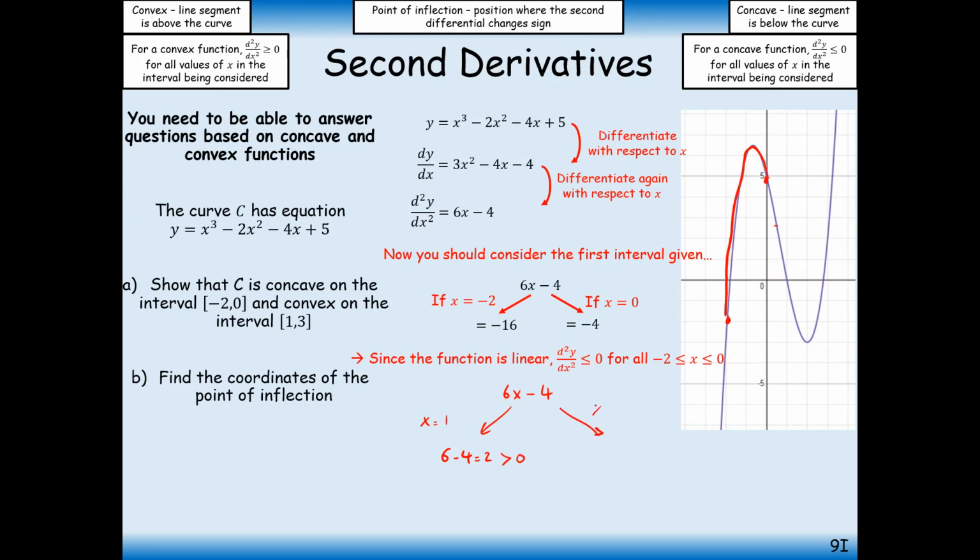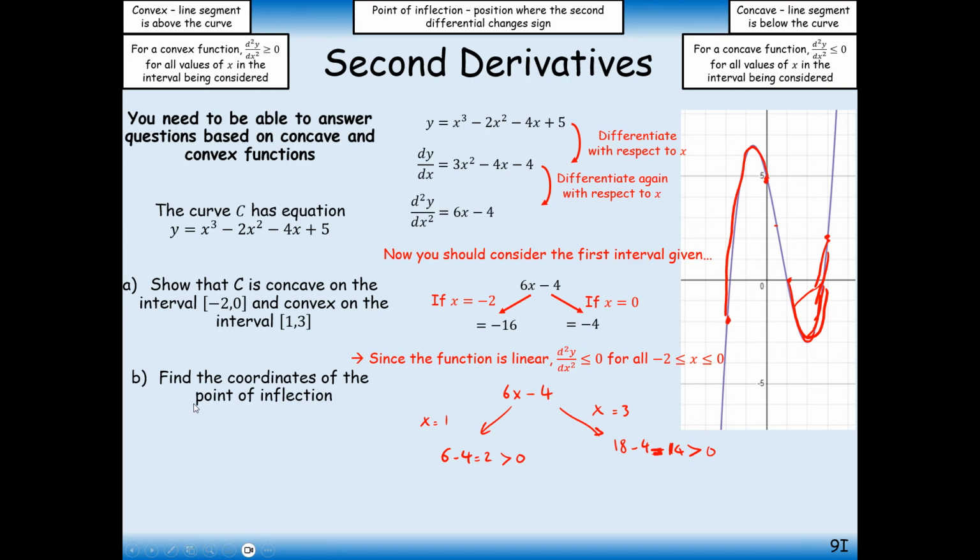And when x equals 3, we'll end up with 18 minus 4, which is again another positive number. In this section of the graph from 1 to 3, the graph seems to be definitely a convex graph, because the second derivative was shown here to be positive.